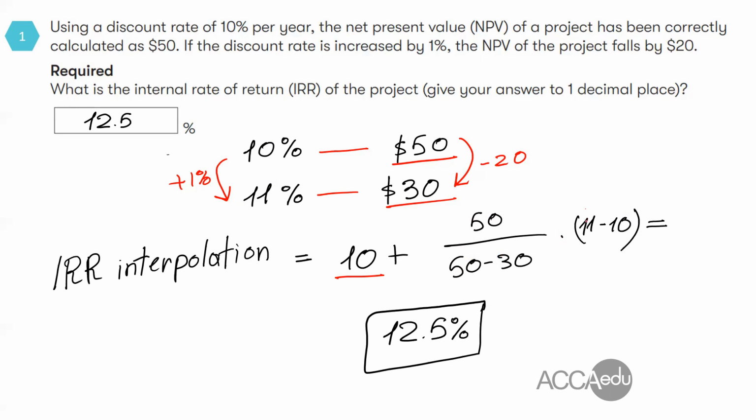The higher discount rate is 11%, so our NPV is going to be $30. And this is multiplied by the difference between the 2 discount rates, 11 minus 10. So I came up with 12.5%, which is the IRR. That means at the discount rate of 12.5%, our project is going to give us nothing, like 0 NPV.